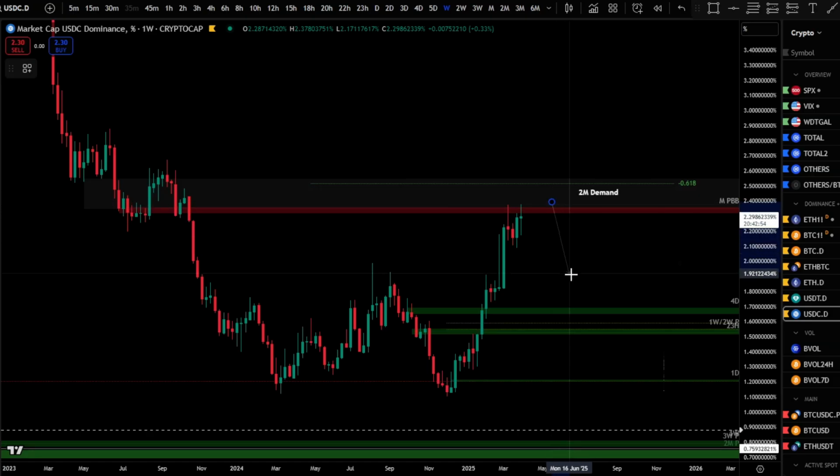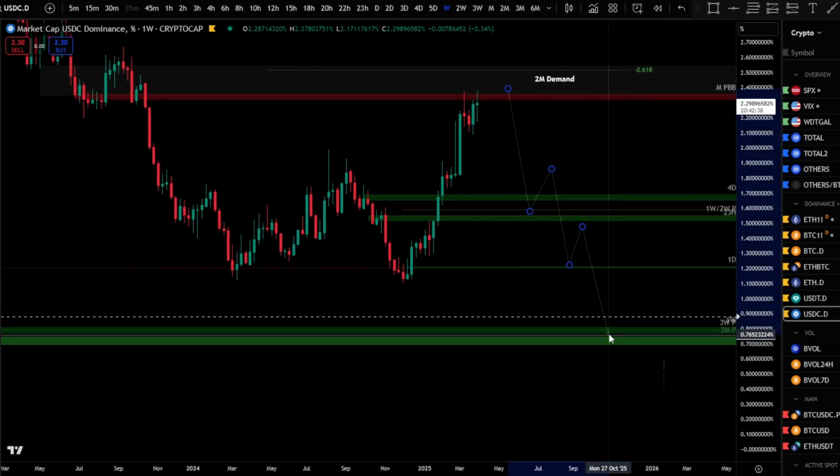Okay, let's do it here. Then probably to like here. And we will likely go here, here, here. Then to the final area, which is here the biggest one. It looks quite reasonable for me.